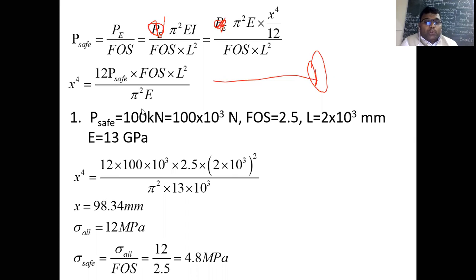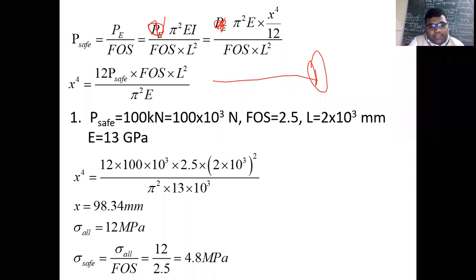P is 100 kilonewton, and convert kilonewton into newton by 10 to the power 3. And the factor of safety is given as 2.5 into the length. Length is given as 2 meter, or 2 into 10 to the power 3, whole square. Okay, E is also given in the question, 13 gigapascal, and you can convert gigapascal into Newton per mm square, just multiply by 10 to the power 3.